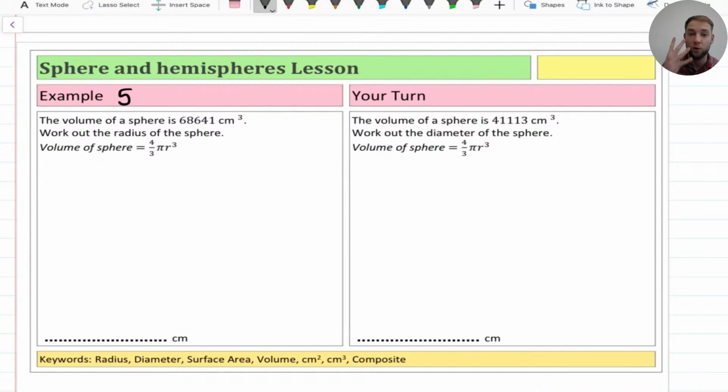So we need to follow those 4 steps for working backwards, and they are: write down the formula, substitute in, simplify, and then work backwards. So I'm just going to write those down in case you haven't got them. We have done these before. Step 1 is to write the formula. Step 2 is to substitute in.